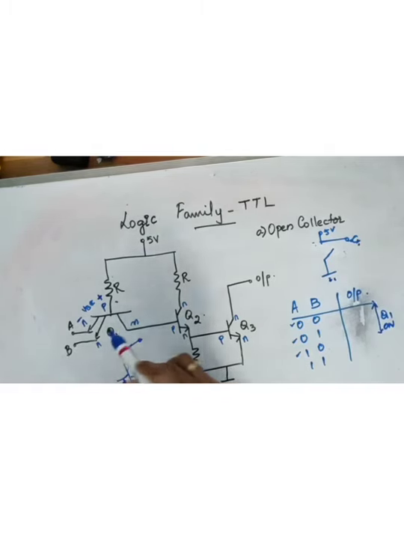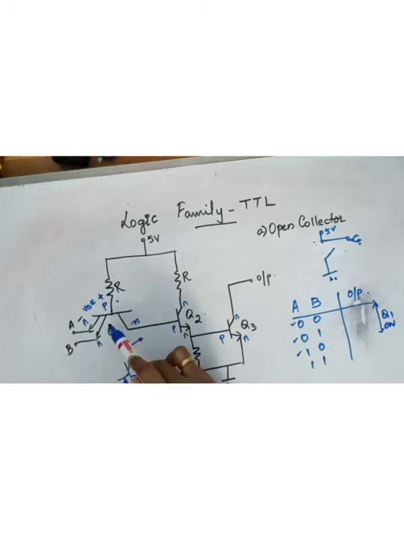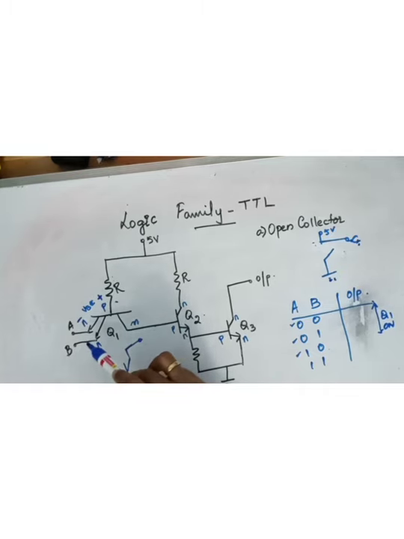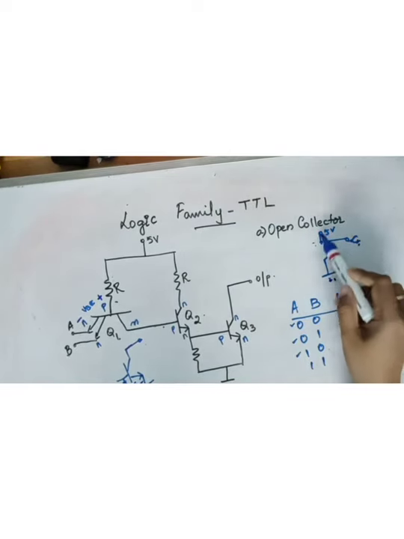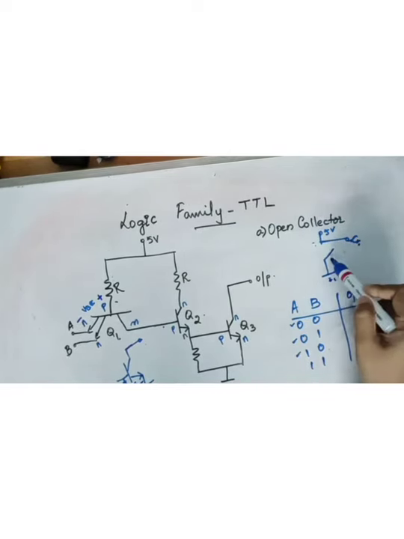If Q1 is on, it will act as a closed switch. If it's a closed switch, then the voltage at the collector is low. If both A and B are 1, then the base emitter voltage will be less than the cut-in voltage, so that Q1 is off and the voltage at the collector will be high because it's acting as an open switch.